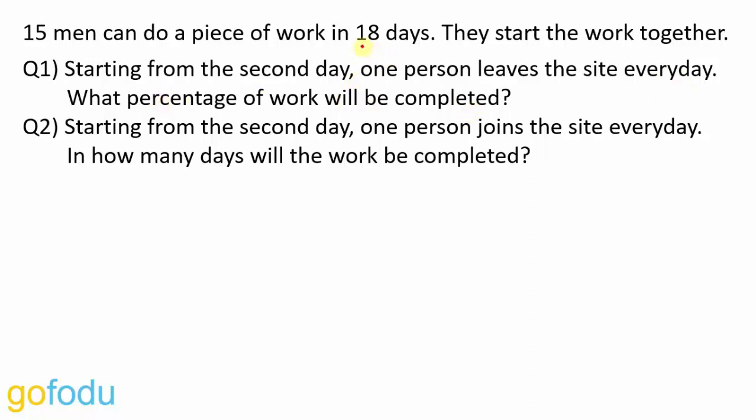So if I take total work as 18, let's say the total work is 18. So 15 men will be doing 18 units of work in 18 days. Okay. 15 men can do 18 units of work in 18 days.